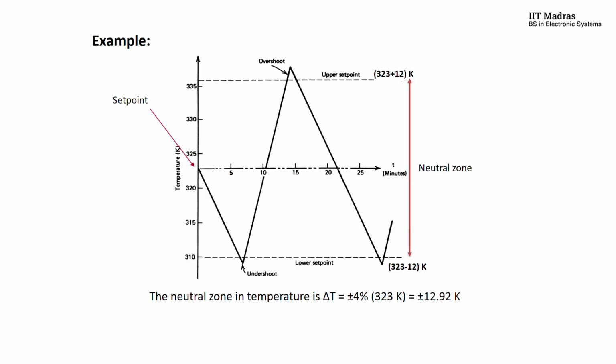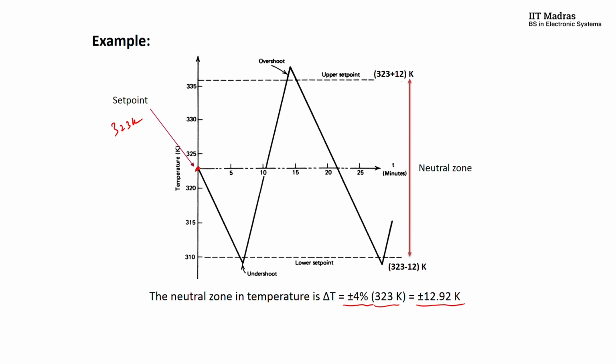We've already solved examples. I just wanted to give you quite a bit of intuition on how this system works. So here is a set point, which you are calling 323 Kelvin. And the neutral zone, as I told you, is plus or minus 4% of 323.